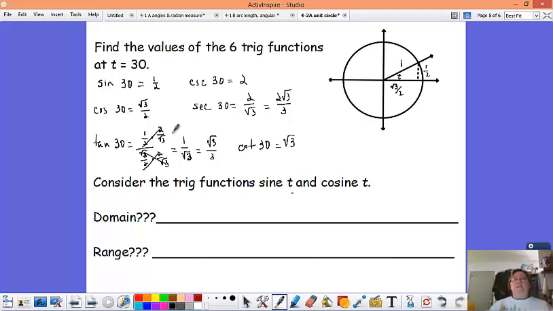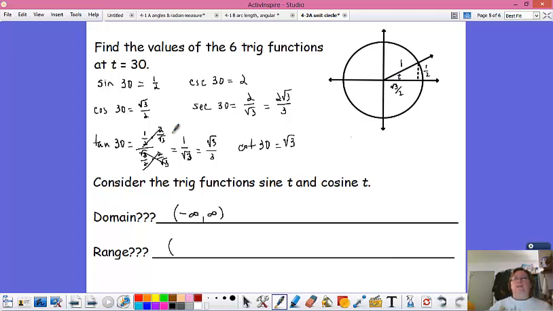So as you consider the trig functions sine of t and cosine of t, what about domain? Is there any limit to the x that you can put in here? Or x would be the, or t, sorry, would be the angle measure. And we can go infinitely in the positive direction and the negative direction. So the domain for both of those is negative infinity to infinity.